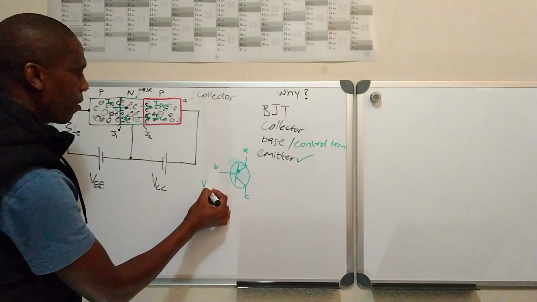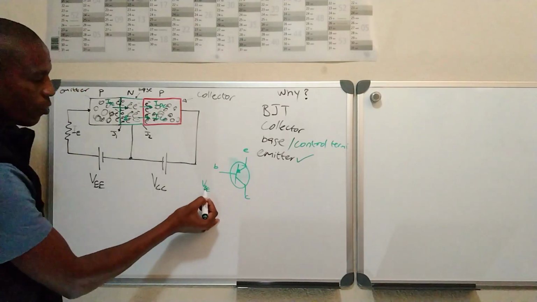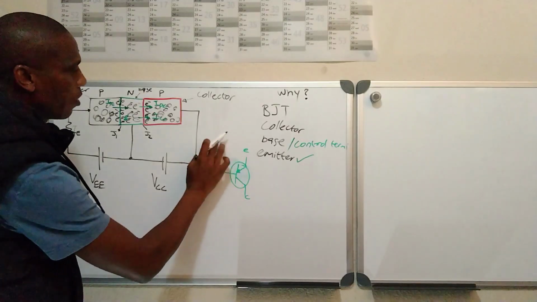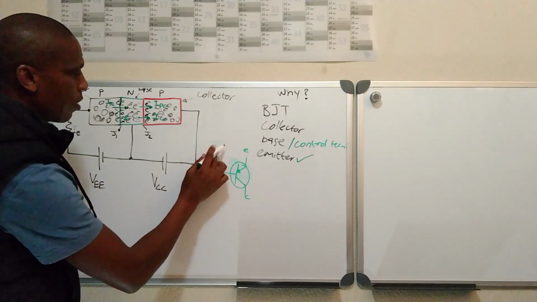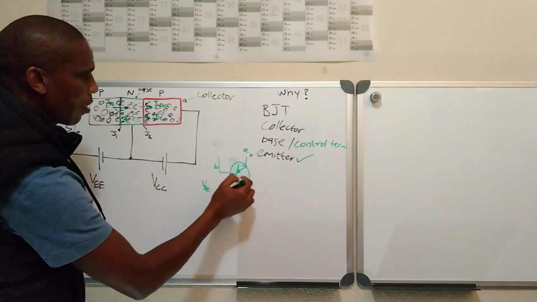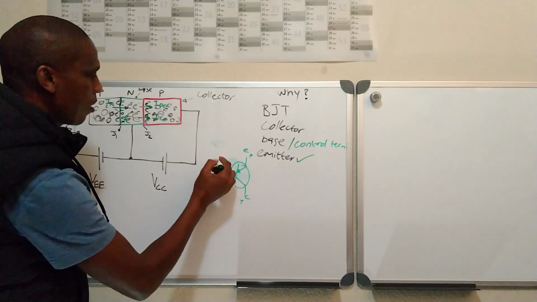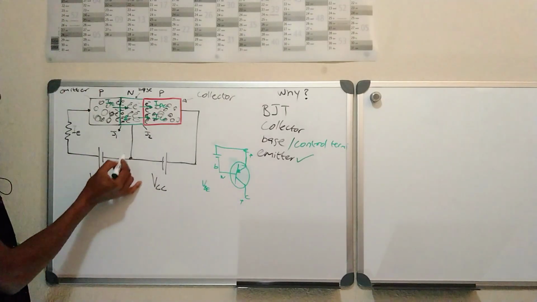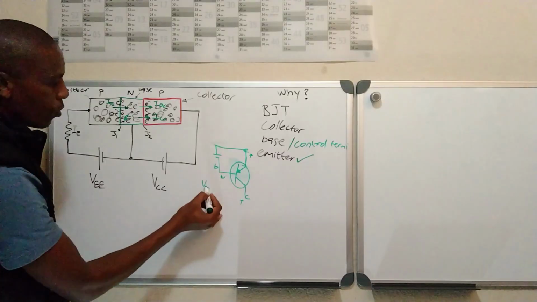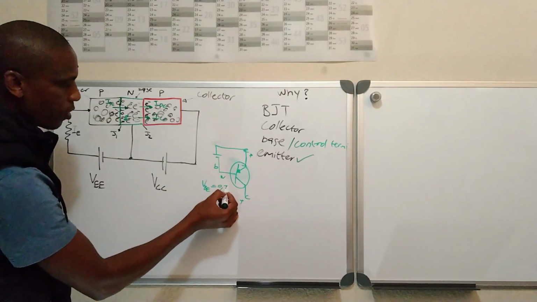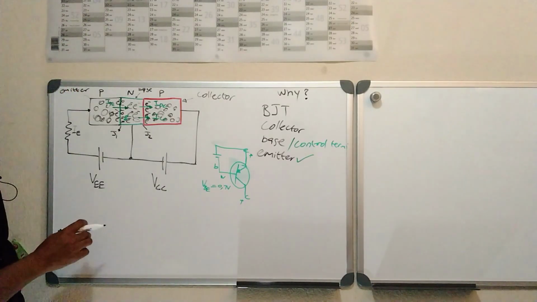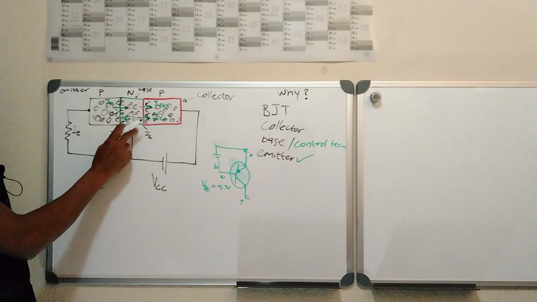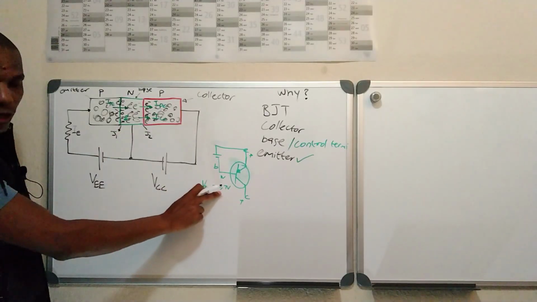We call it VBE, the voltage between the base and the emitter, between these two. Since it's P and P, this would be negative. So this voltage must be at least approximately 0.7 volt. This transistor won't start conducting until this base receives this amount of voltage.